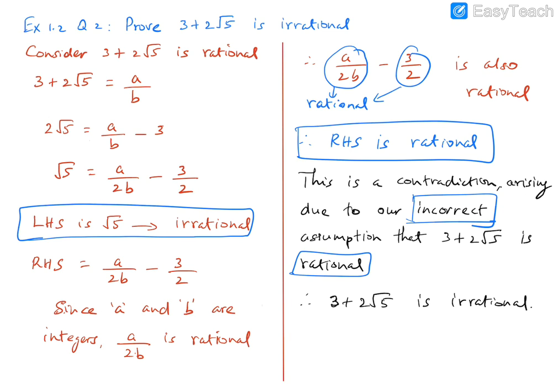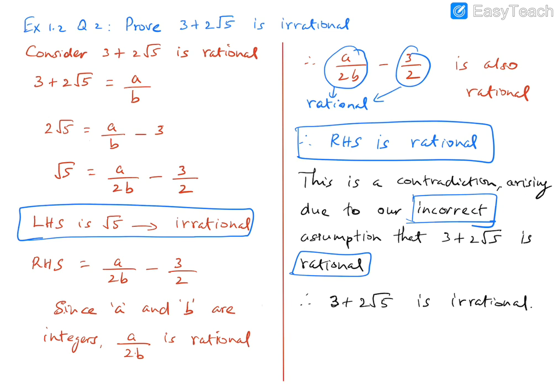So what we get is that the LHS is rational, whereas the RHS is irrational.